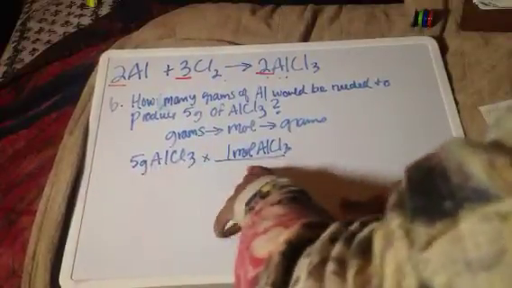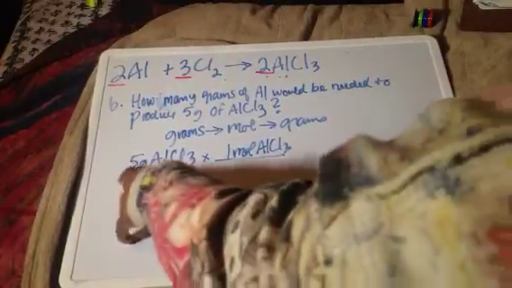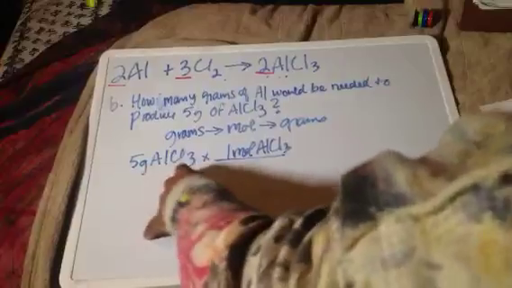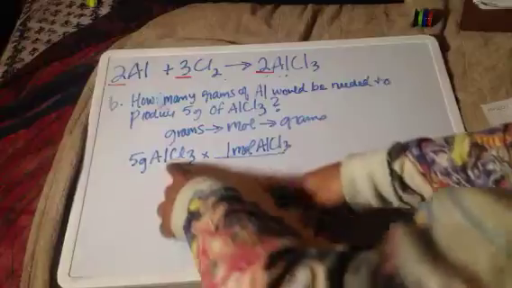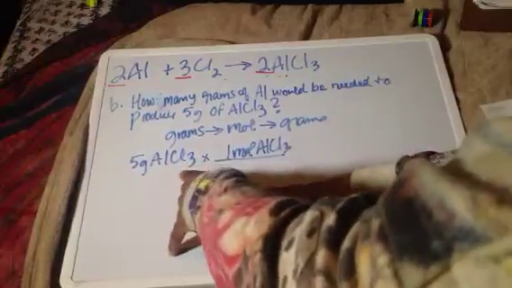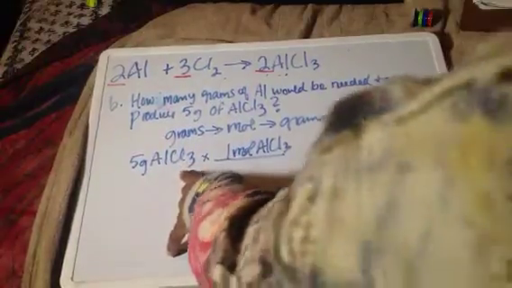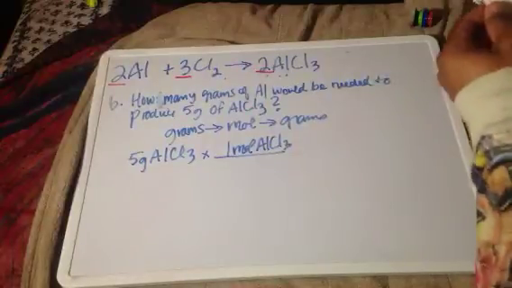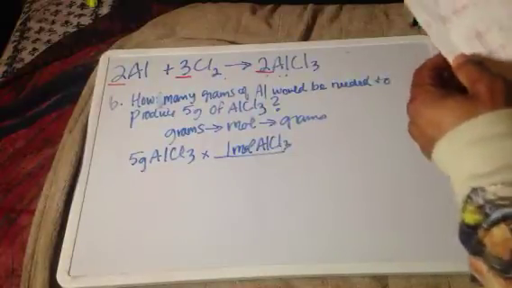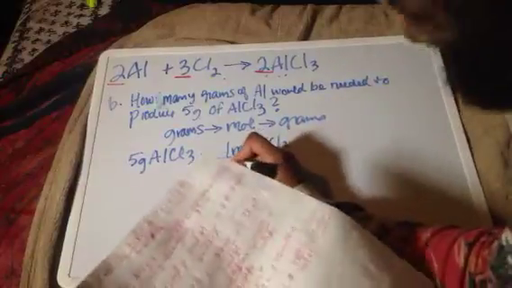So this is going to give us 1 mole of AlCl3. Now, to change any grams of a substance to moles, we put it over that compound's molecular mass, or molecular weight. Let's see what we've determined that to be.